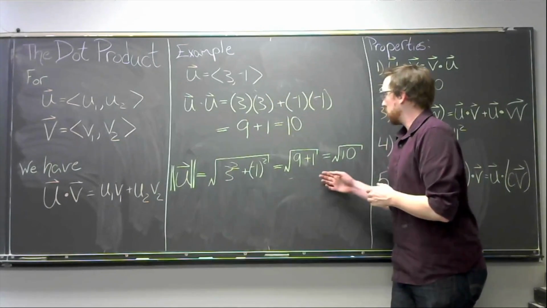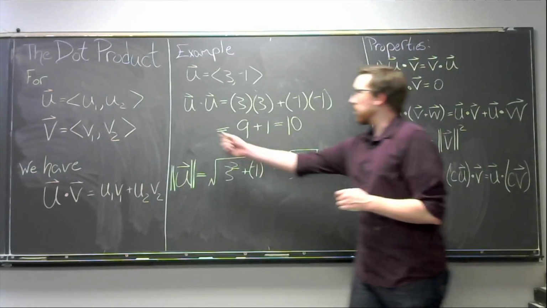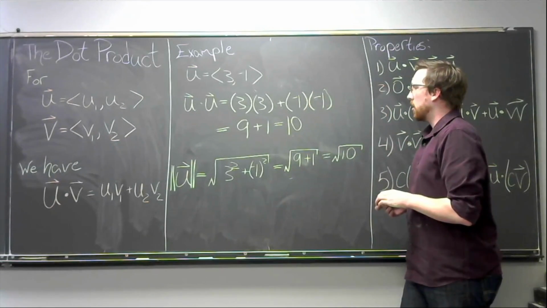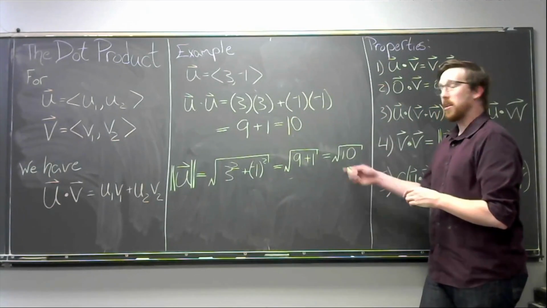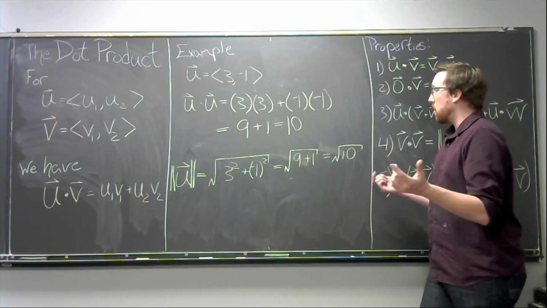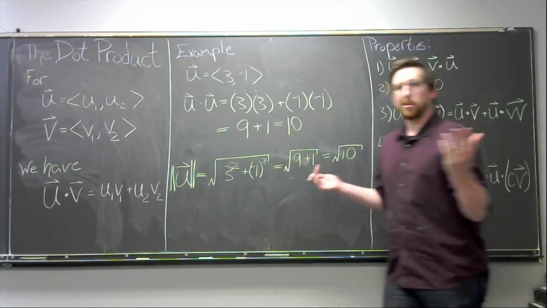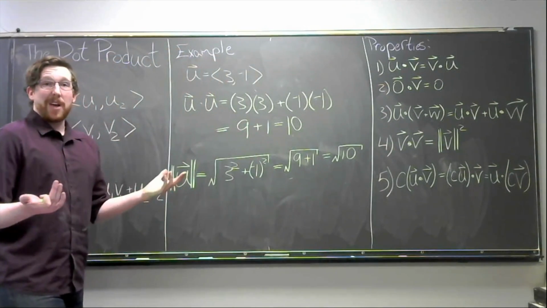Well, it's just been shown to be true, right? We just took the dot product of u with itself, found out that it was 10. Then we found the magnitude of u, found out it's the square root of 10. If you square the square root of 10, it's just going to come out to be 10. So it is, in fact, true.